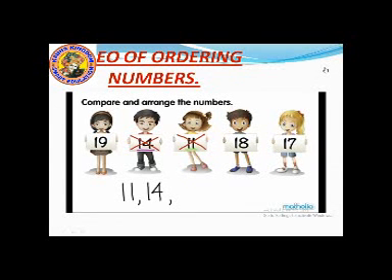Let's compare the remaining three numbers. 17 is the smallest number. The remaining two numbers are 18 and 19. 18 is the next number and 19 is the greatest number. From the smallest to the greatest, the numbers are 11, 14, 17, 18, and 19.